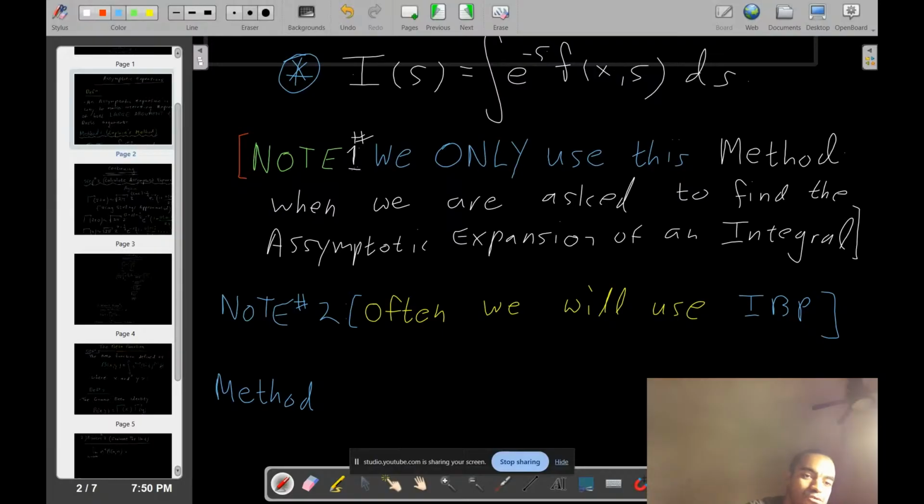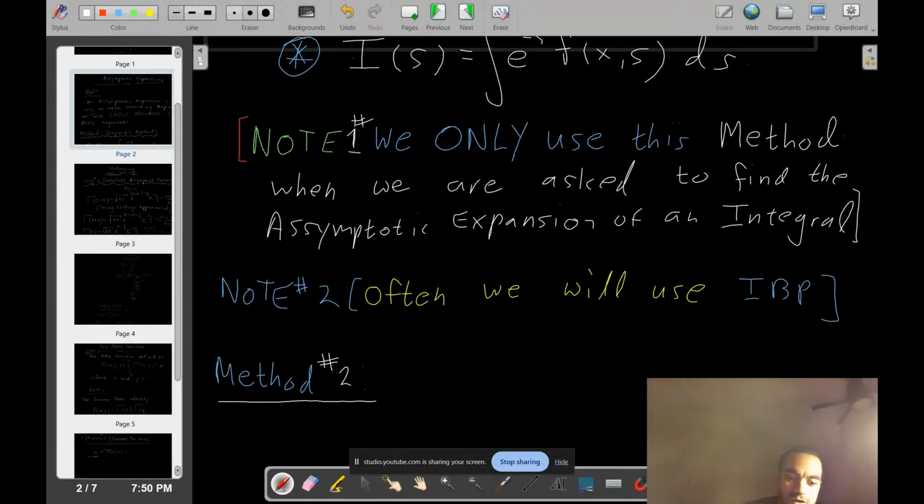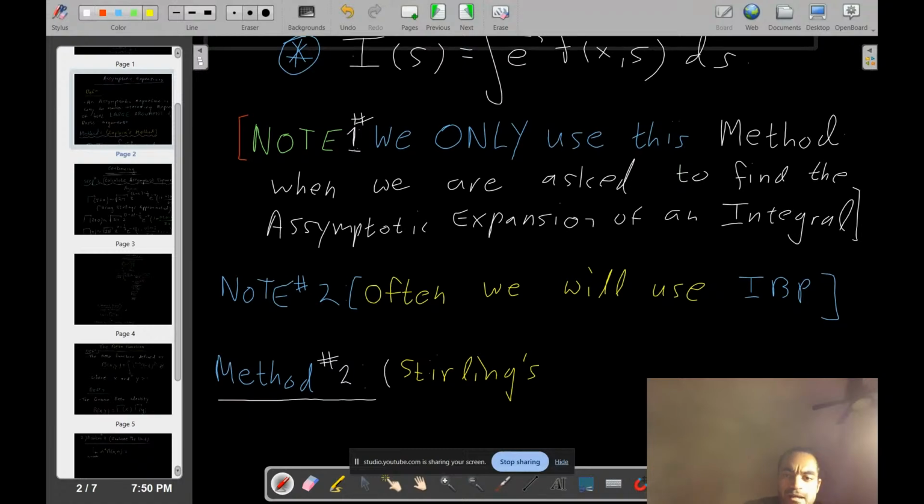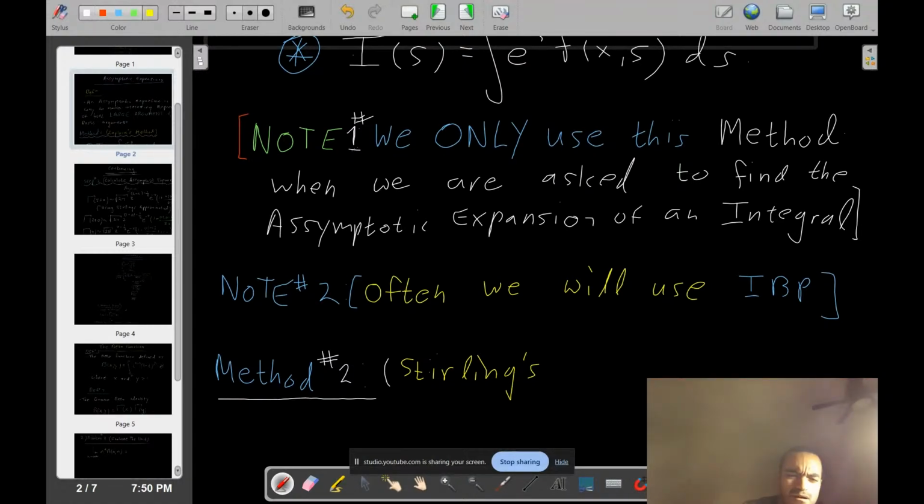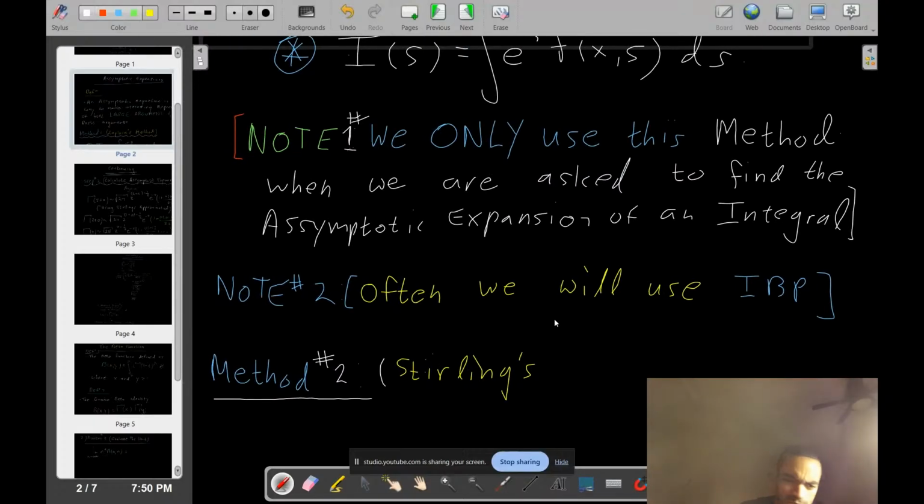Method number 2 is called Stirling's approximation. Just giving new people who are coming in some background on the theory that's involved, in case you haven't seen the live show from last time.